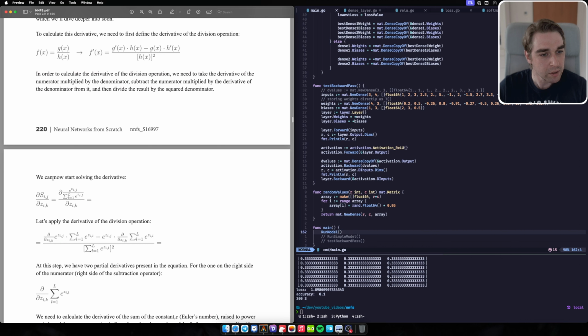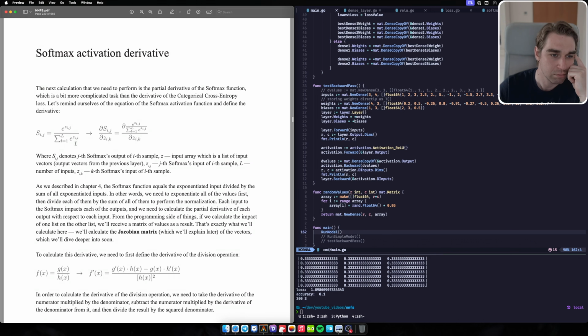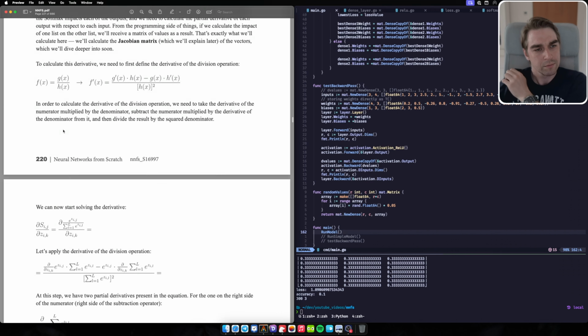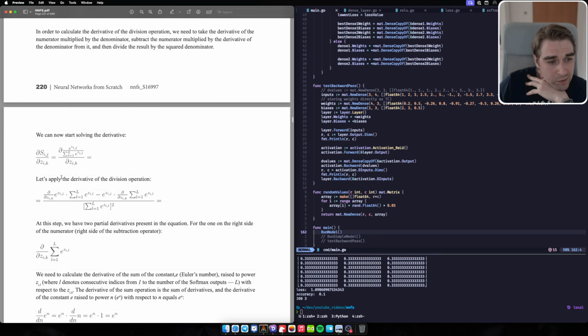We can now start solving the derivative. Because here we have, I guess, the two functions thing, right? Let's apply the derivative of the division operation.